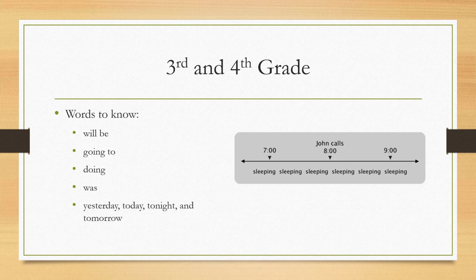So some new words and phrases that you're going to need to know for this lesson are will be, going to, doing, was, yesterday, today, tonight, and tomorrow. And so I want to show you that when we add ing, we can use that ing to talk about something that's already happened earlier, or will happen tomorrow, or is happening right now.